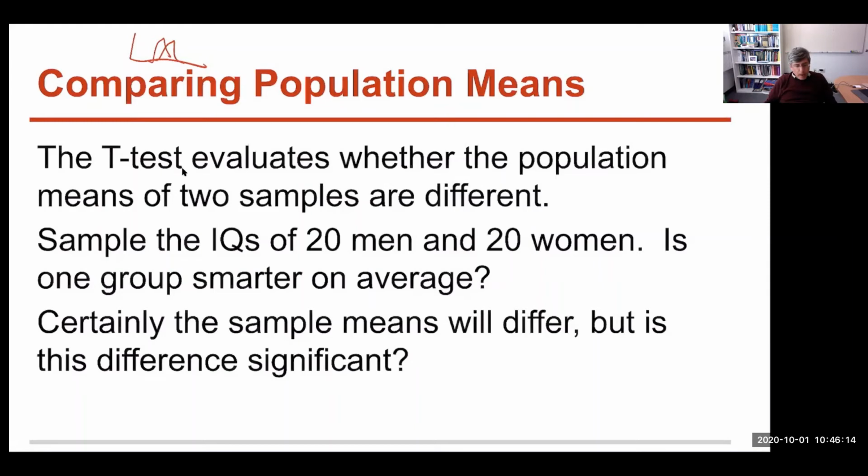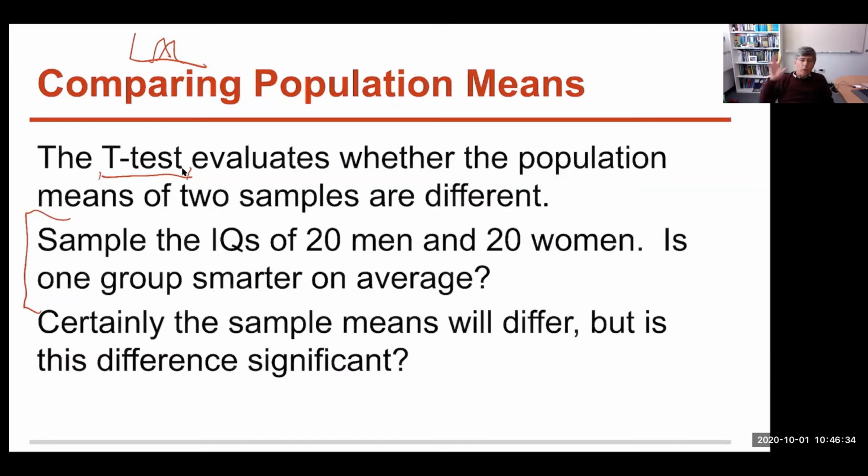So let's think about what a t-test should do, okay? Suppose we take a world where we don't necessarily think there's going to be a difference. Suppose I want to find out whether men are smarter than women, okay?